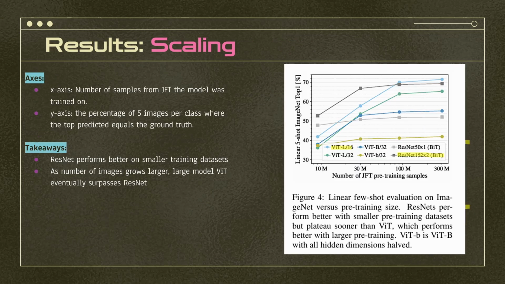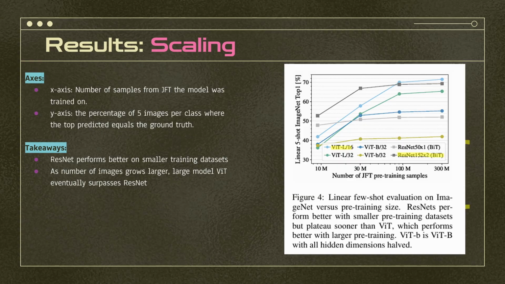So this is the results of scaling. In our chart here, the x-axis is the number of samples from JFT the model was trained on, and the y-axis is the percentage of 5 test images per class where the top prediction of the model equals the ground truth.